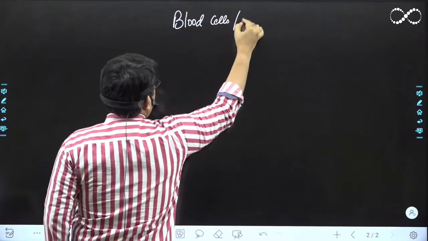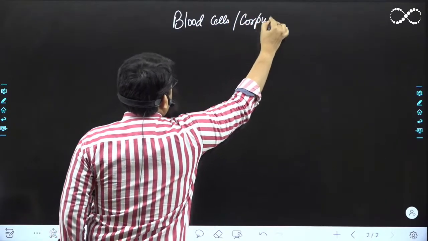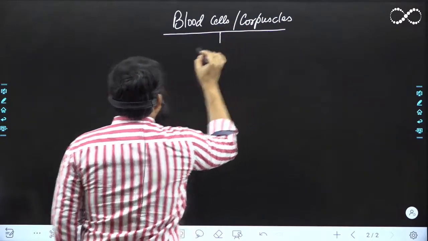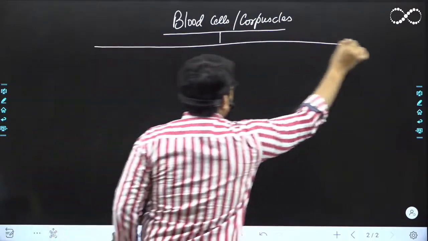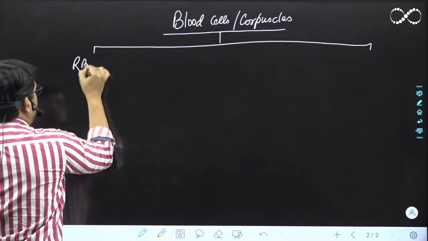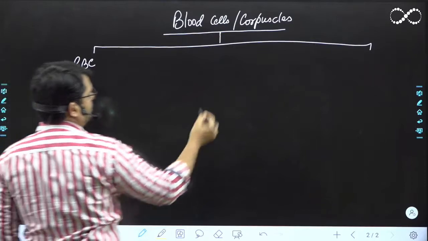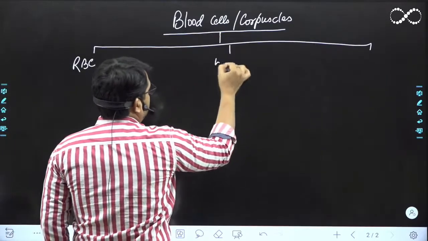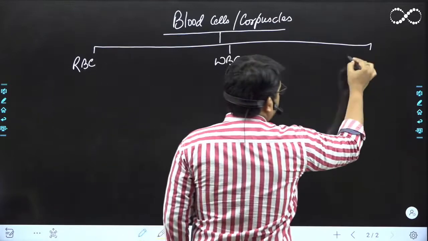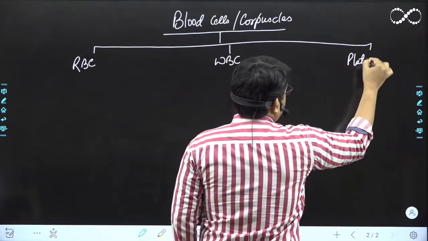Now, these are mainly of 3 types, as most of you may be knowing already. These are called RBC, red blood corpuscle, या red blood cell, है ना? WBC, white blood corpuscle, या white blood cell, and the third one is known as platelets.